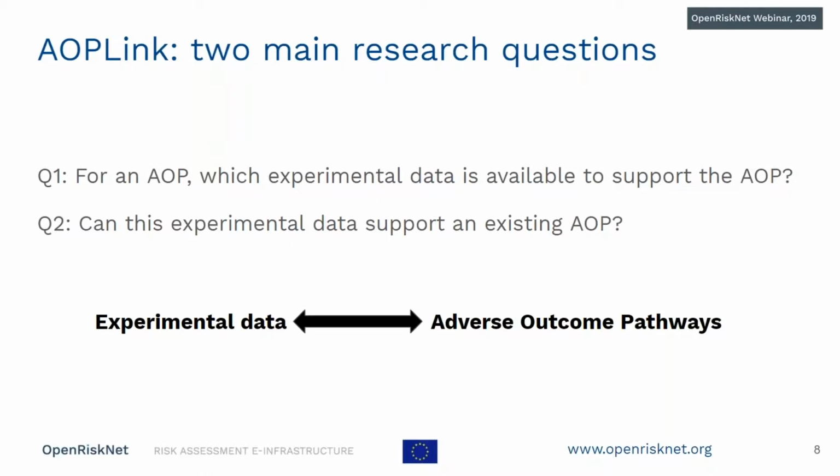So our first question to answer is, for a certain AOP, which experimental data is available to support the AOP? And the other way around, can we support an existing AOP through this experimental data? So basically, AOP-Link is really the link between AOPs and experimental data.